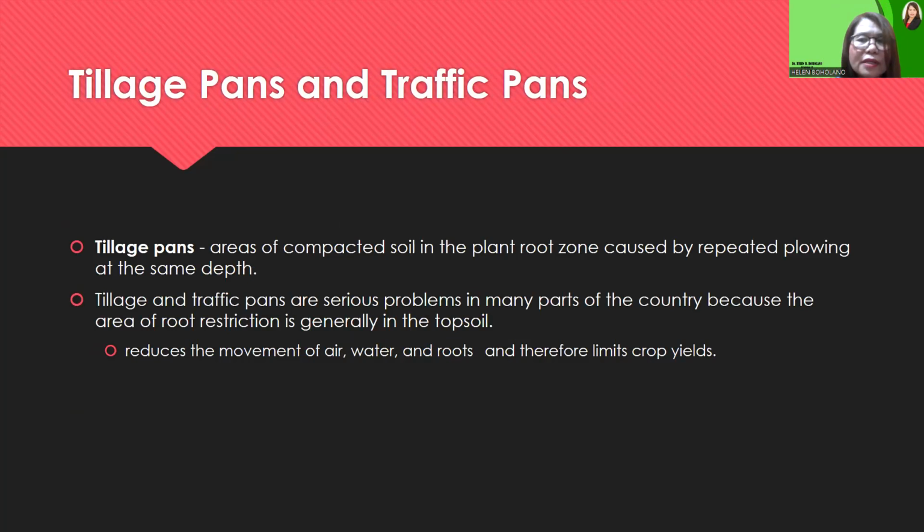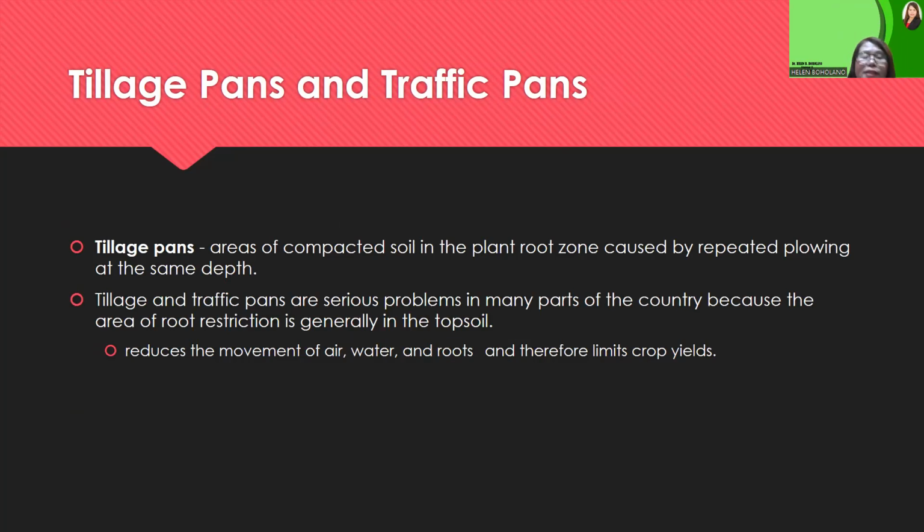Another thing that we need to know is tillage pans and traffic pans. Tillage pans are areas of compacted soil in the plant root zone caused by repeated plowing at the same depth. So, parang litan, ang pagdaro bitaw niya, parehas siya og giladmon.